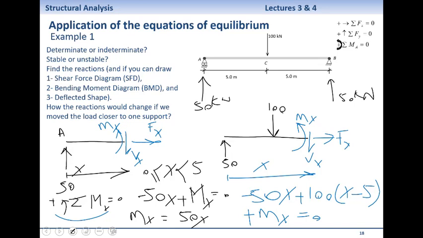I'm now taking into consideration the moment coming from the 100 kilonewton force, which I wouldn't see in the first one. For the same reason, I need to cut this beam twice to be able to draw the shear force and bending moment diagrams.